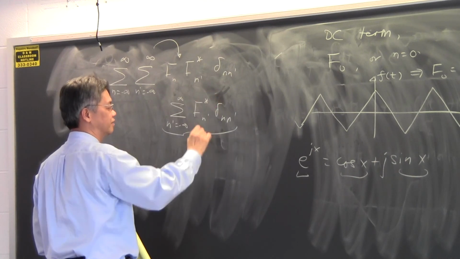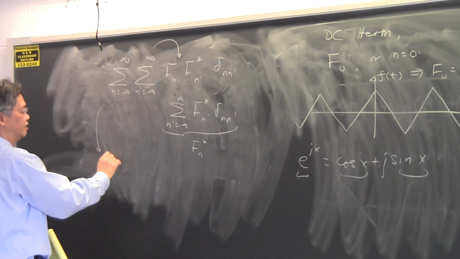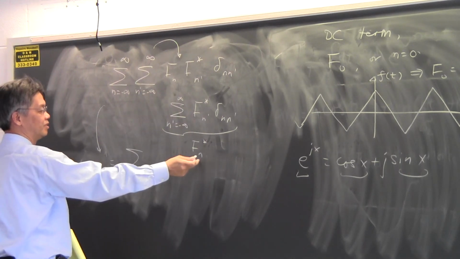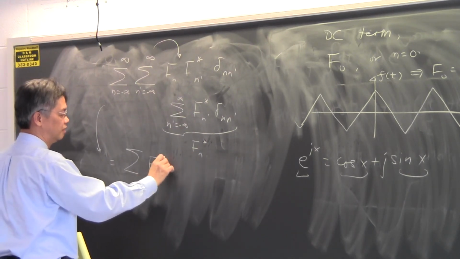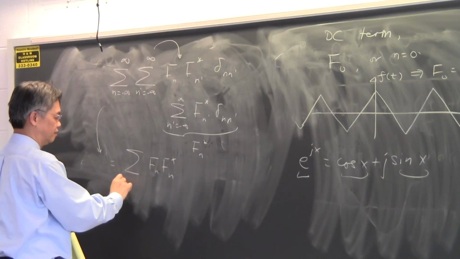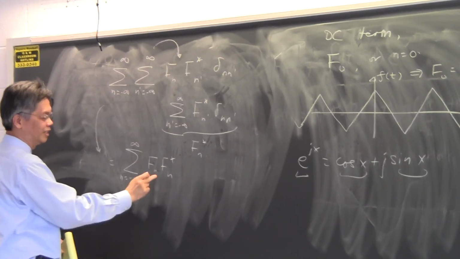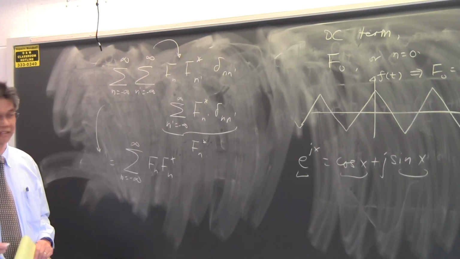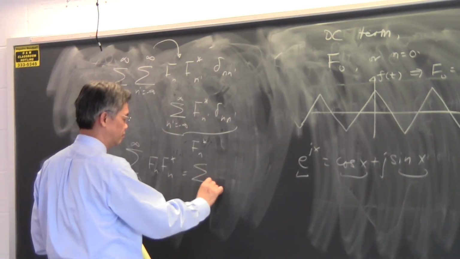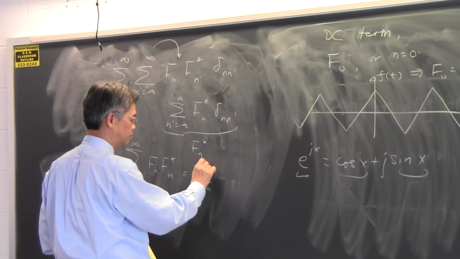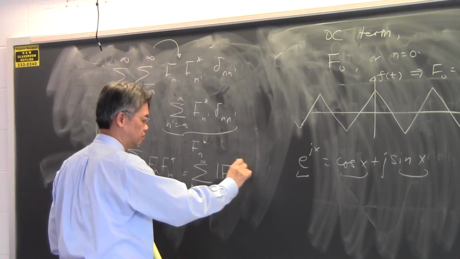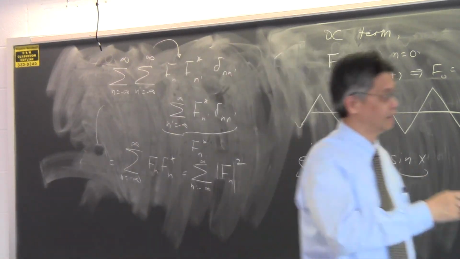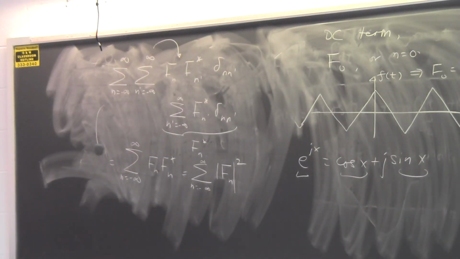I have a conjugation. Okay, so finally this one just becomes one summation left, because the inner summation just becomes that. I just have that. And what is this? You see, magnitude squared of f sub n, right? I just have that, and I have proven that this is equal to the left-hand side.